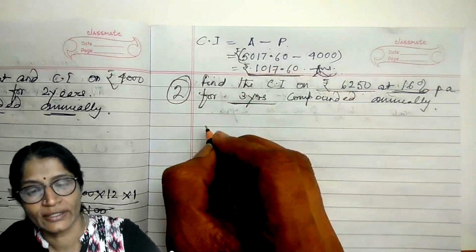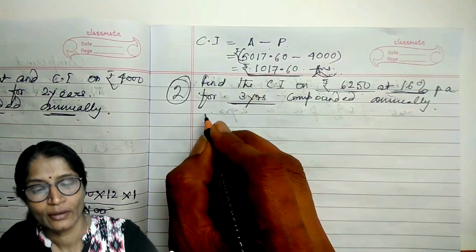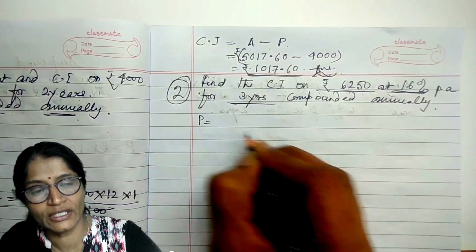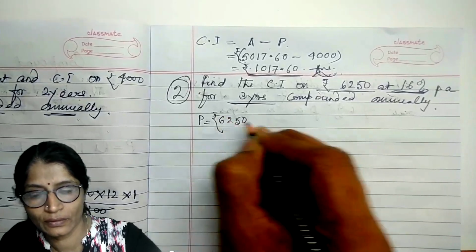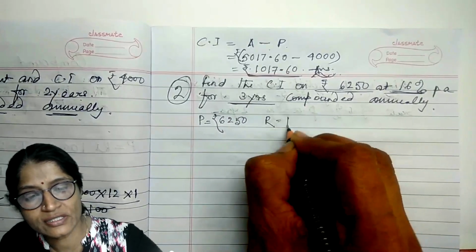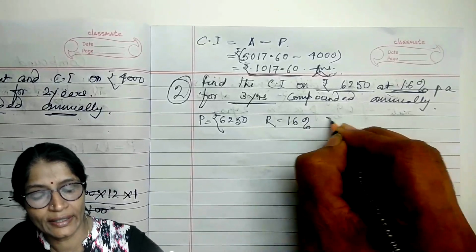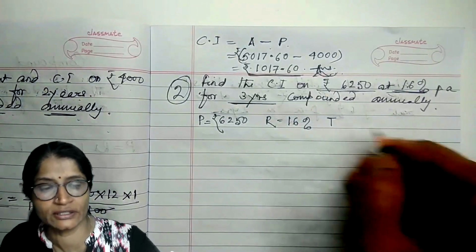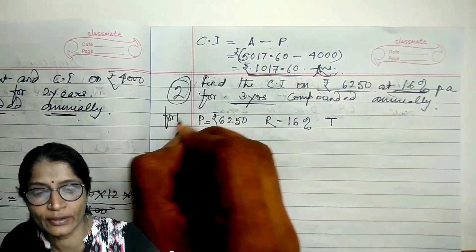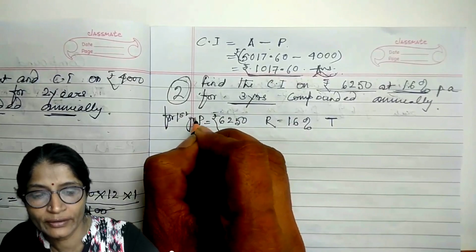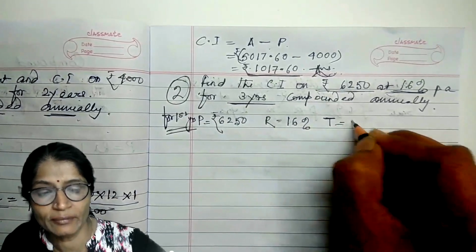So first calculate, principal is equal to 6250, rate of interest is 16%, and time is 3 years. Total time is 3 years, but since you are doing the first year, the time is 1 year.